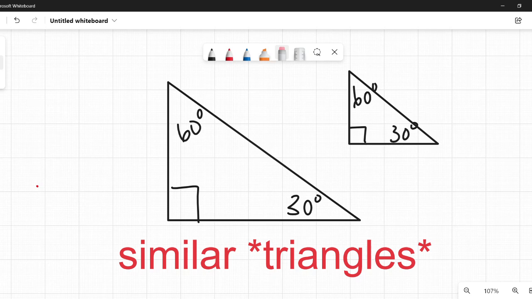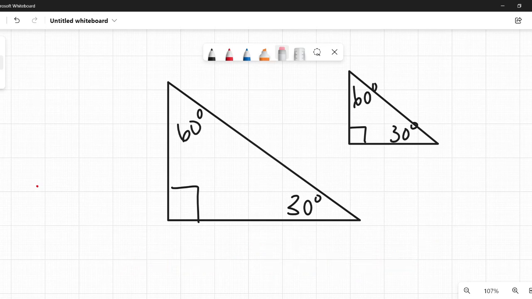Similar just means like you could enlarge this triangle and make the bigger triangle, or you could shrink this larger triangle and it would make this smaller triangle. So that's all it means when they're talking about similar. They would overlap each other. And I know I did not draw these perfectly similar, but you know, I'm not perfect, I admit it.